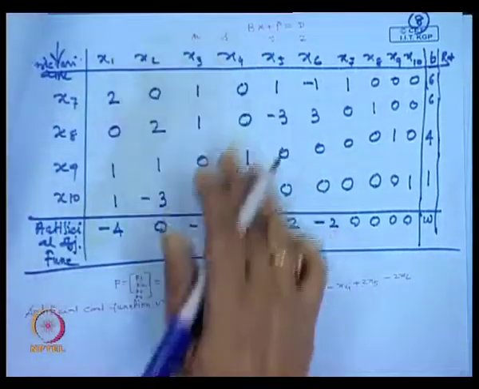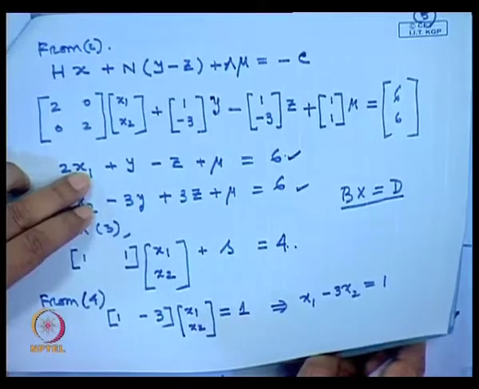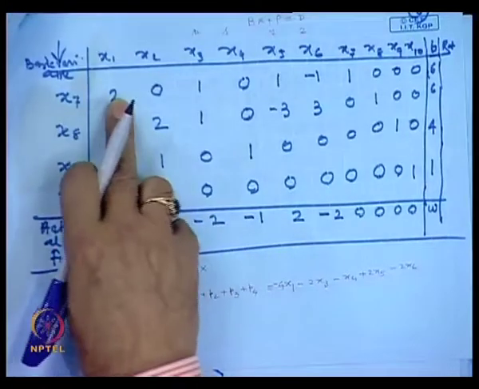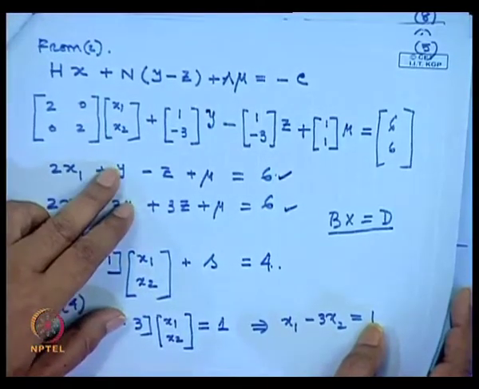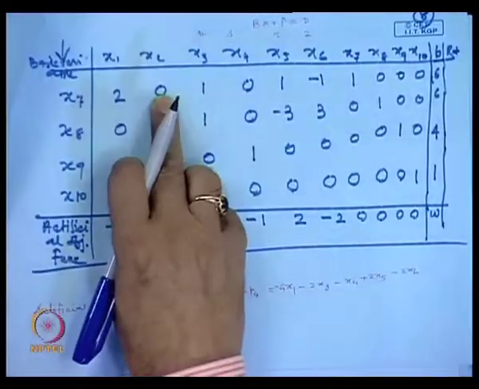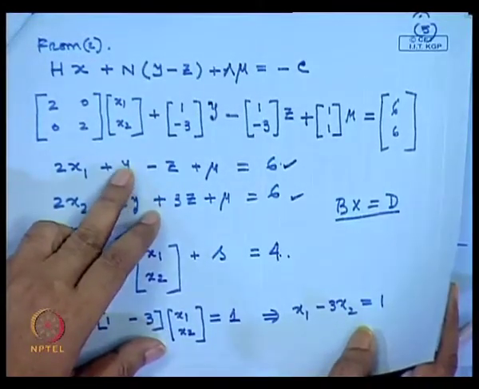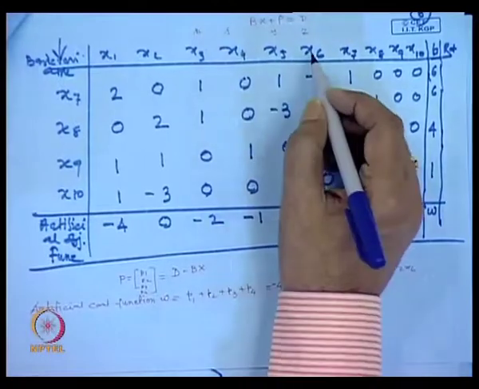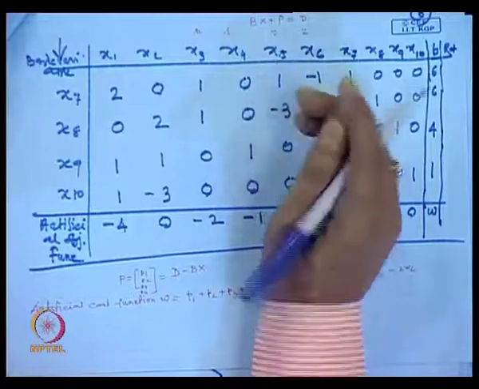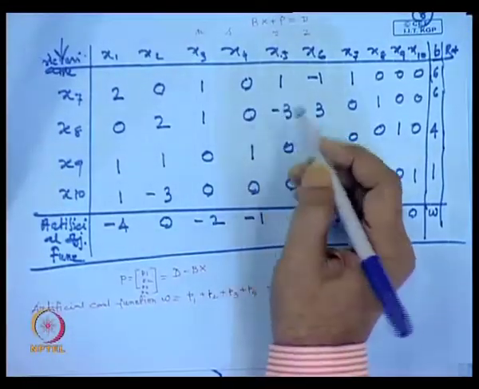Now, how is this table formed? You see 2x1: the coefficient of x1 is 2, so I have written 2. Then there is no coefficient of x2, so x2 is 0. Then y is denoted by x5, so the x5 coefficient is 1.